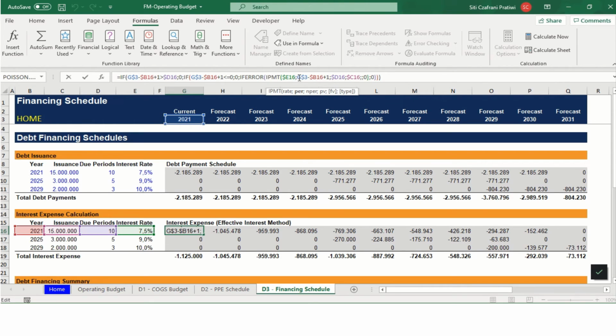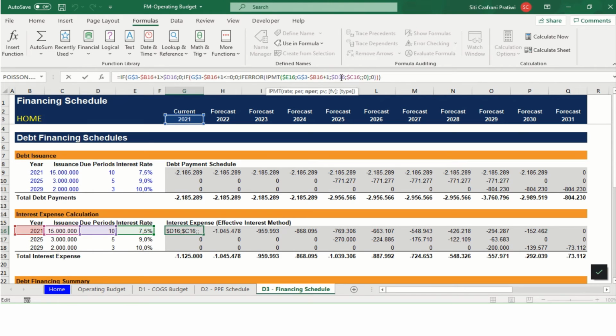So the column alphabet should be made flexible, and do not put a string in front of G. Alright, so that's how to calculate the PER, less deducted by the issuance period plus 1.